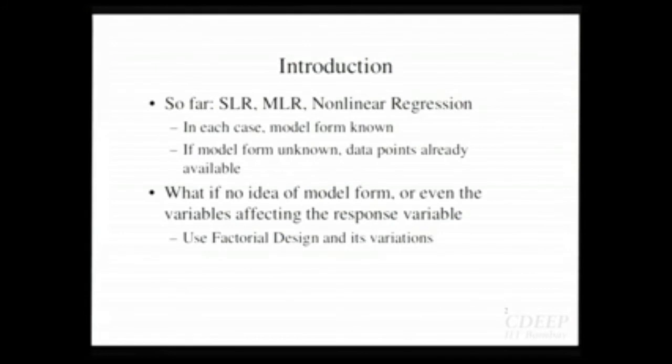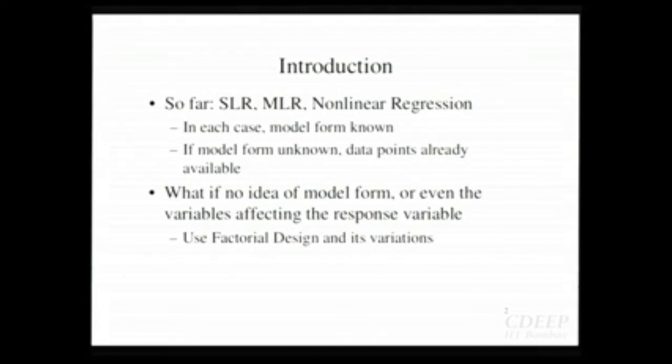So earlier, the model form was known, and even if the model was not known, data points had already been generated by somebody and given to us. Now the situation we want to look at is that we have no idea of the model form or even of the variables affecting the response variable y. Is y a function of temperature, pressure, maybe flow rate, maybe something else?